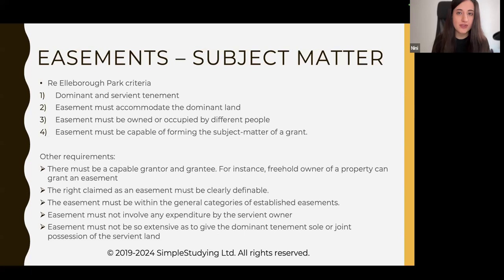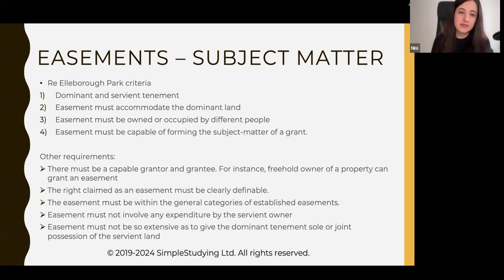This is an important one because if it just accommodates the person, that would be a personal right, a personal benefit. An easement is a proprietary right. It is attached to the land. That means that the easement must be benefiting the land, not just the person who owns that land. The case for this is Hill v Tupper.